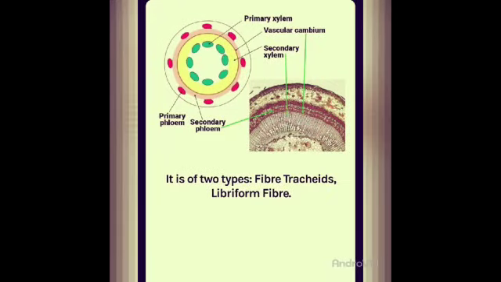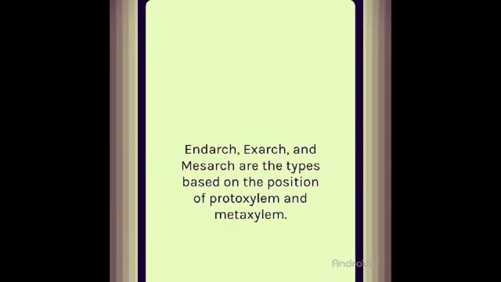Now it is of two types, fiber tracheids and libriform fibers. Exarch, endarch and mesarch are the three types based on the position of protoxylem and metaxylem. These are basically conditions positioned on the basis of protoxylem and metaxylem.